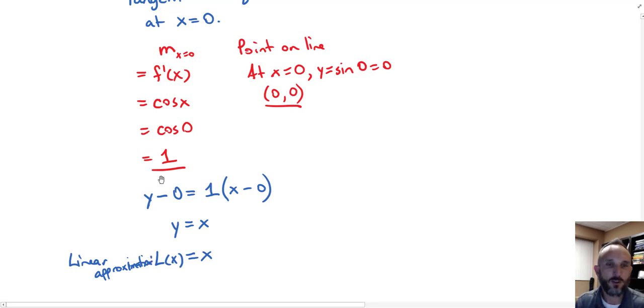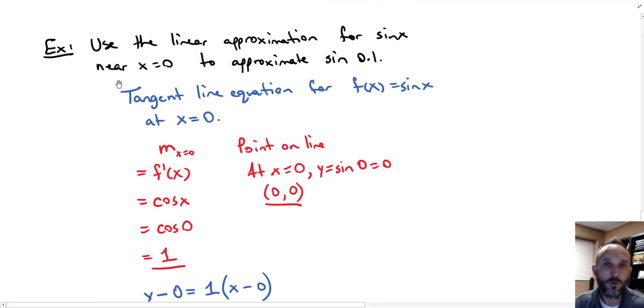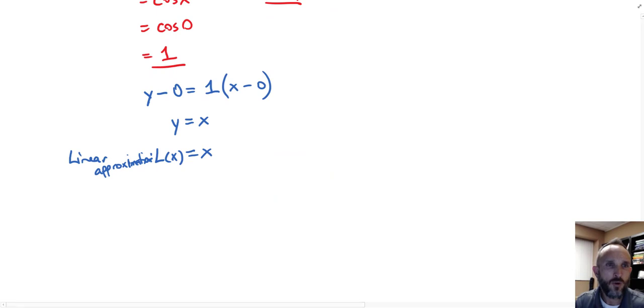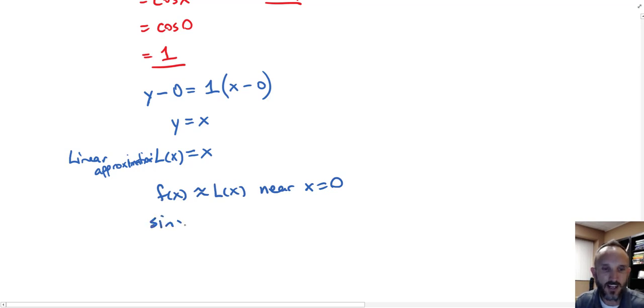Okay? So what can we do with that? Now what we want to do is use that to approximate the sine of 0.1. So what this tells us is that f of x can be approximated by the L of x function near x equals 0. The f of x function is the sine of x, and the L of x function is simple here, it's just x.